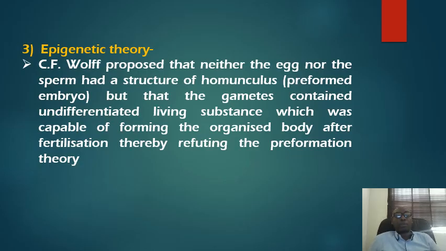Of course, his theory is in the right direction, because when the egg and the sperm mix during sexual intercourse or coitus, fertilization takes place and a new individual is developed and formed.